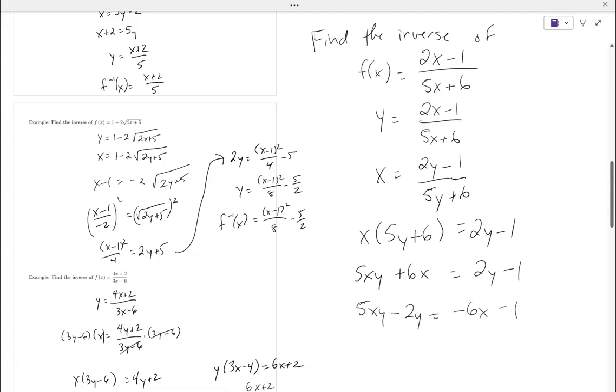So subtract the 2y over to the left-hand side, subtract the 6x over to the right-hand side. We'll get 5xy minus 2y equals negative 6x minus 1. Now that we put all the y's on the same side, what can we do? Yeah, we can factor the y out. That's exactly what we need to do.